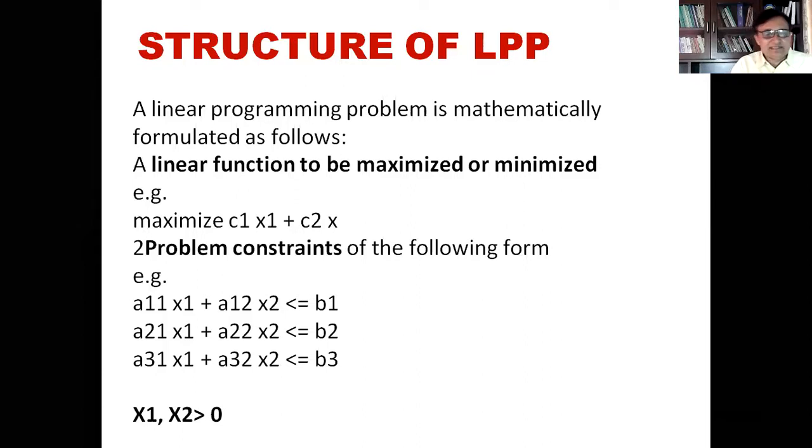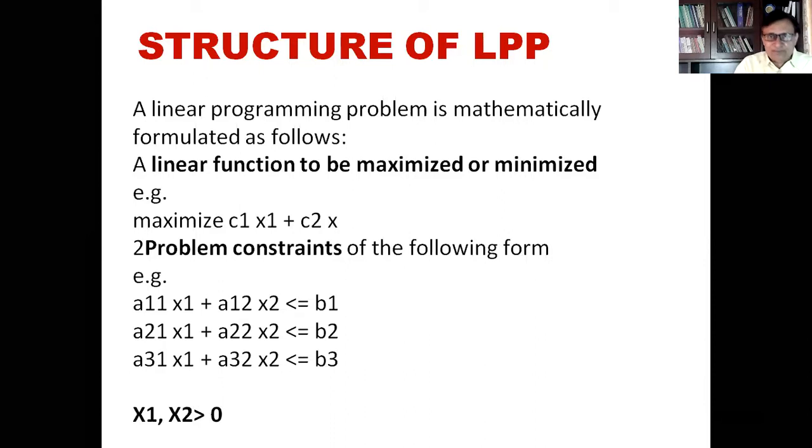In constraints, A11, A12 are the coefficients known as structural coefficients, which prescribe the quantity of the material or resource to be used for producing the decision variables. And B1, B2, B3 are the resource availability, the maximum amount of resources which are available, or the minimum amount of resources which are available.